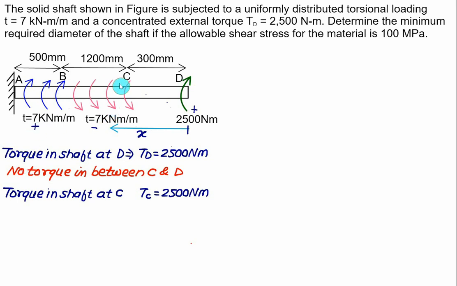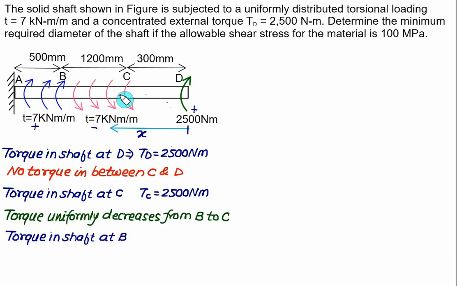So between B and C the torque is decreasing uniformly at a rate of 7 kilonewton meter per meter. So the torque is decreasing uniformly from C to B at a rate of minus 7 kilonewton meter. Previously at C we have torque equal to 2500, so we can calculate the torque in the shaft at B as TB equals TC minus T times the length BC. That length you have to take in meter.